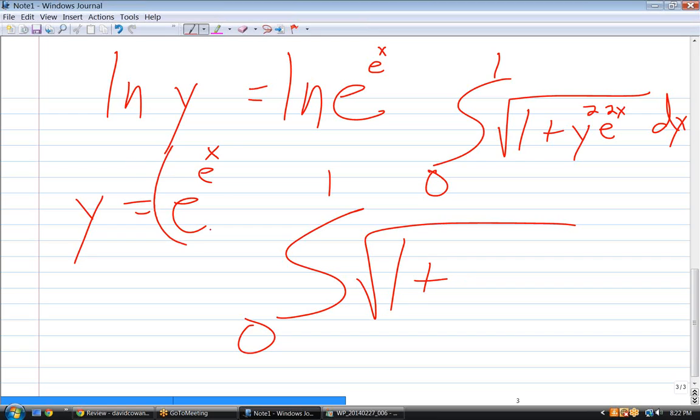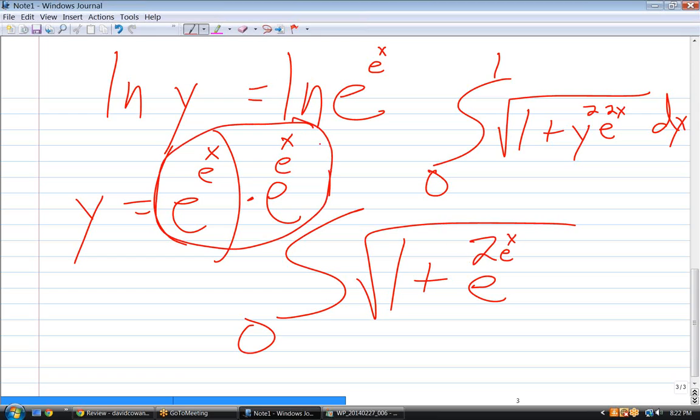If I square that, same base, different exponents, I'm going to add the exponents. e to the 2 e to the x is this times another e to the 2x.